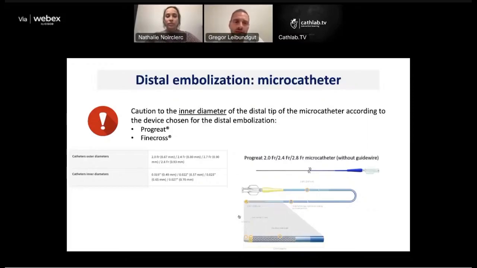All those microcatheters are for 14 wires, and most of the coils don't work. I think there's Evo 3 coils that go through these regular microcatheters. Either you get those coils, or if you take, for example, the Terumo coils, which are very nice because you can detach them electrically, so it's very well controllable, for those you definitely need the ProGrate microcatheter.